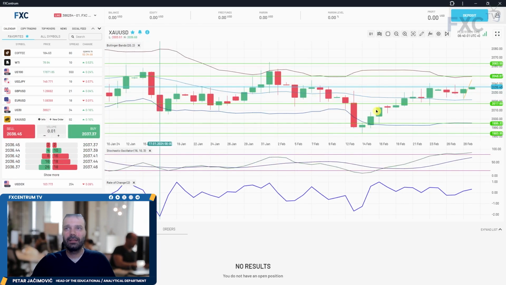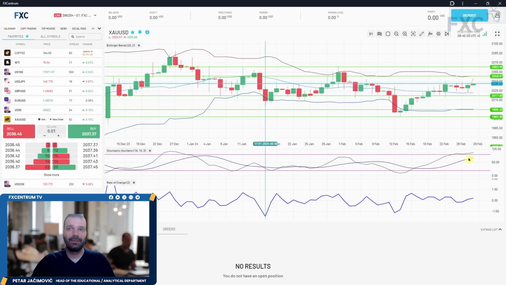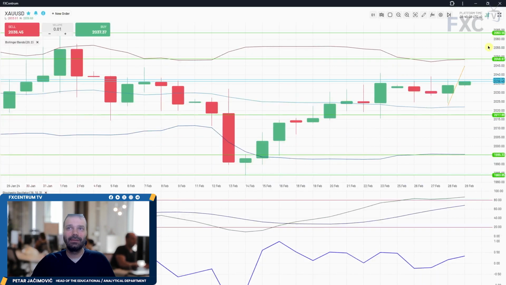Now we have the gold market. Again, the slow line is rising. The fast line just corrected a bit here for a couple of days. We have a consolidation, with levels that I marked a few days ago still untested. So there is a chance for 2048 and 2063 beyond the test. I would like to see a breakout of, let's say, 2040, and that can lead us to 2048 potentially, or the 2060 mark.